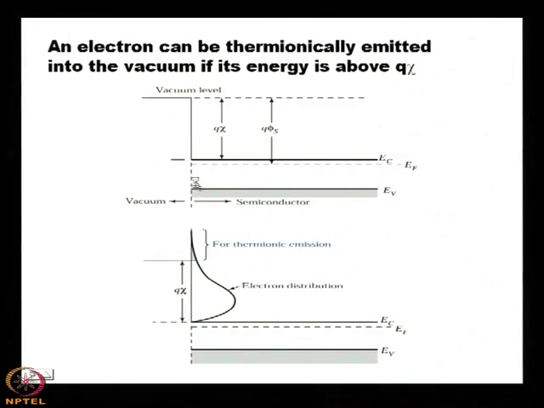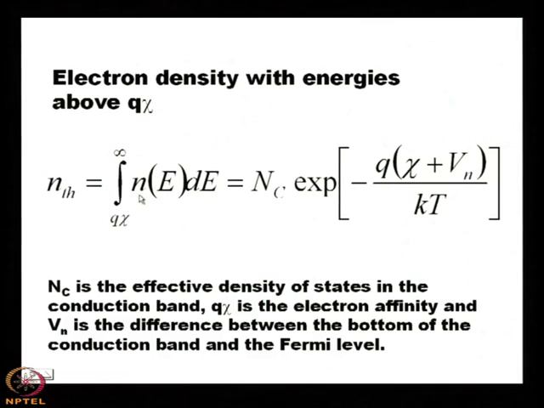For the conduction band, we put EC to infinity, as we calculated at the beginning of the course. EC means from the bottom of the conduction band to infinity, but here not from the bottom of the conduction band, because chi energy is the minimum energy required.